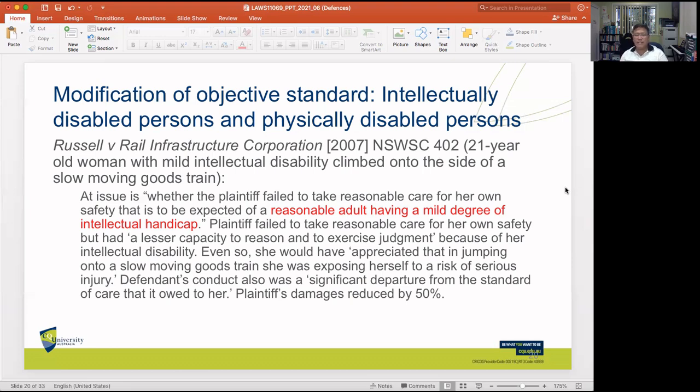But at the same time, the defendant's conduct, the Rail Infrastructure Corporation's, was also a significant departure from the standard of care that it owed to the plaintiff. So here, the plaintiff's damages were reduced by 50%.